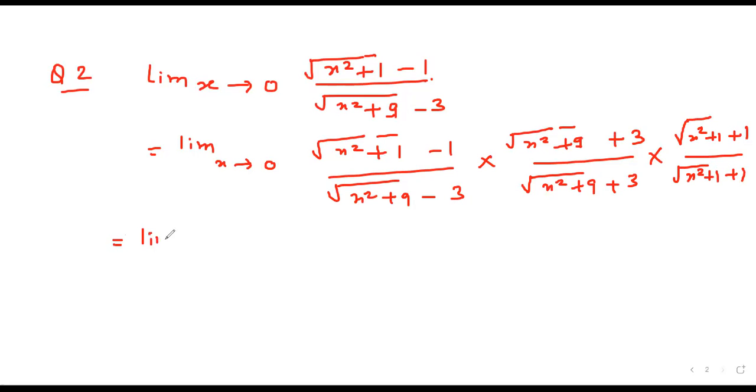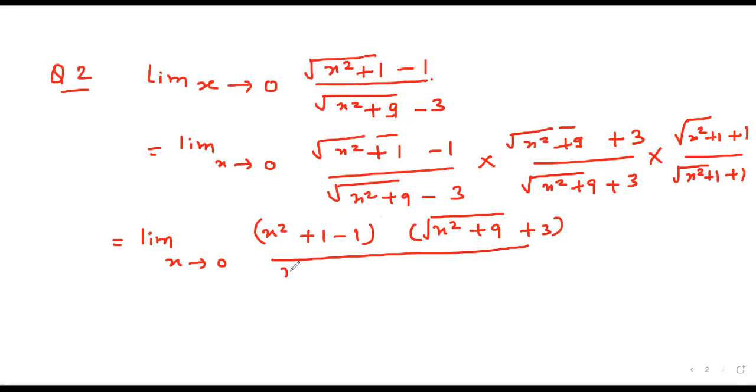So we will get limit x tends to 0, and this will become x square plus 1 minus 1, and under root x square plus 9 plus 3, divided by x square plus 9 minus 9, times under root x square plus 1 plus 1.